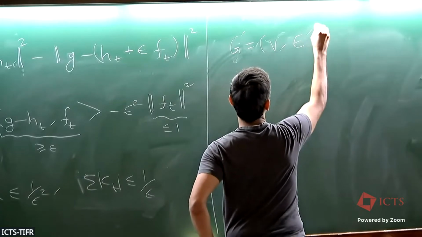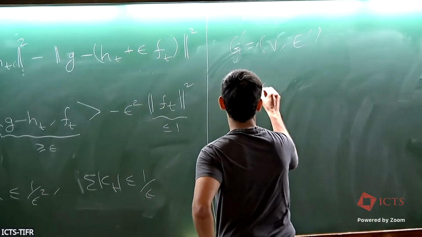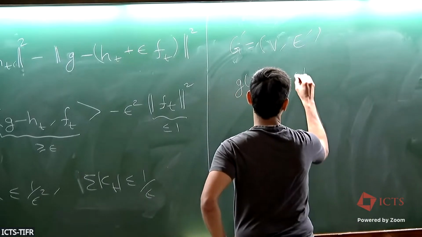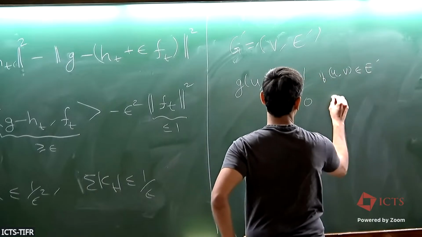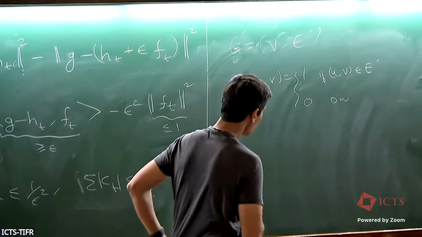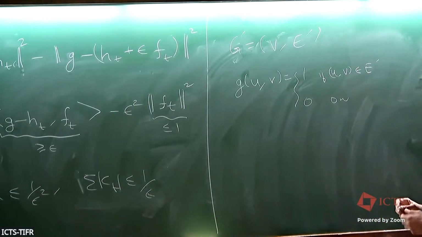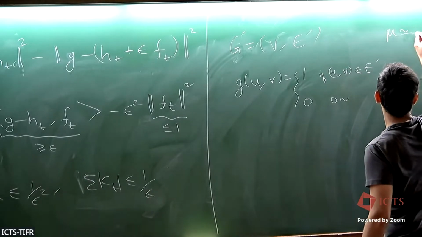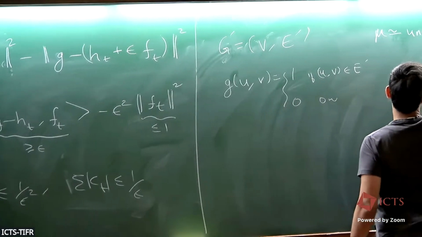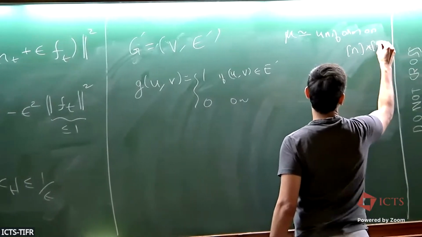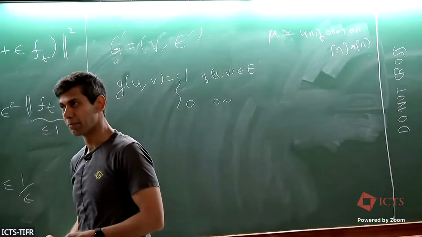Let's say the vertex set is still n vertices, and we will take the function to be the indicator of edges, and we will take our measure mu to be just uniform on pairs of vertices. So just pick a random u, a random v independently.